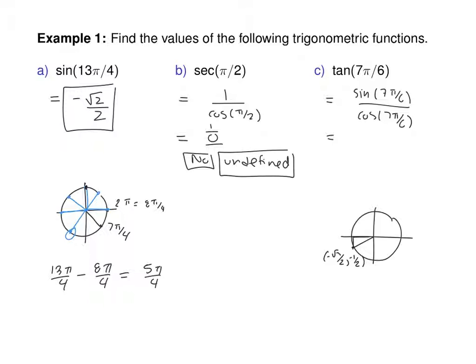Negative 1/2, yep. And the cosine is negative root 3 over 2. So that would be 1 over root 3, right? Which if you rationalize the denominator by multiplying by root 3 over root 3, what does that give you? Root 3 over 3.